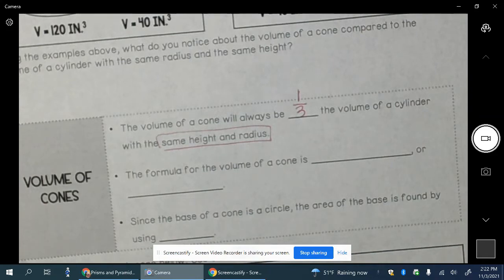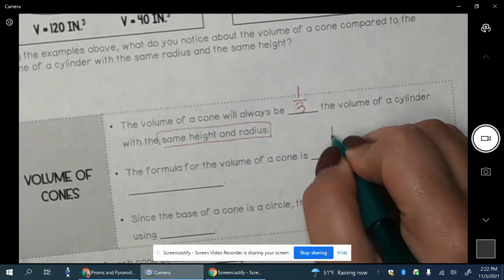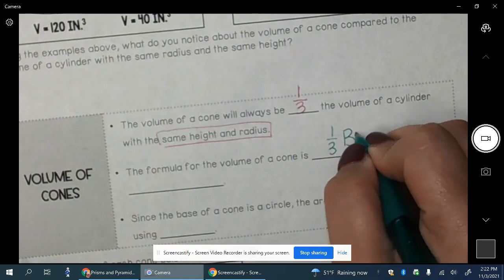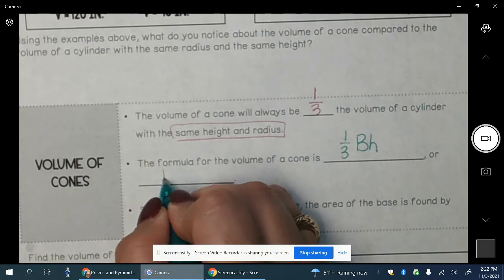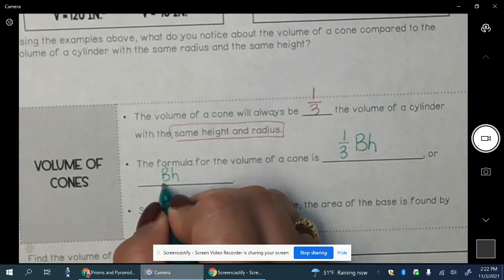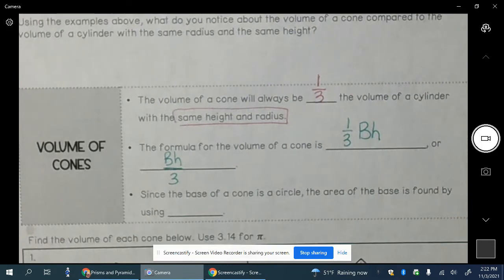So the formula for a cone is 1/3 big B H. If you don't like doing the fraction 1/3, what's another way you could do it? Divided by 3. I don't really care which way you pick. If you divide at the end, a lot of people forget. So I suggest doing the fraction first, but some people don't like fractions.